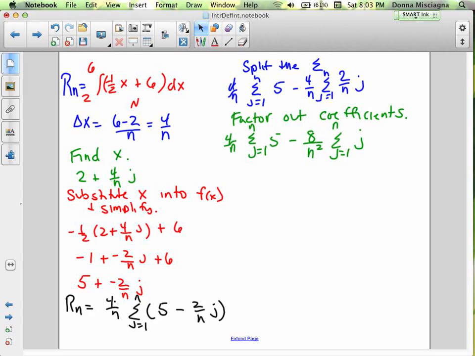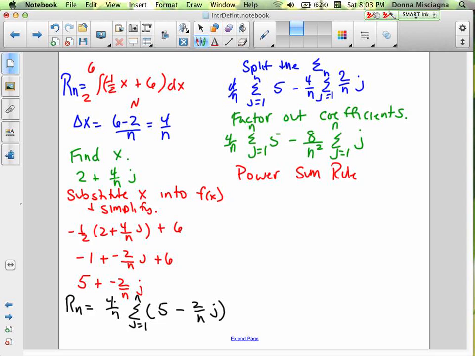Now let's use the power sum rules for sigma. So that would be 4 over n times 5n minus 8 over n squared times, so that j now becomes n squared over 2 plus n over 2.